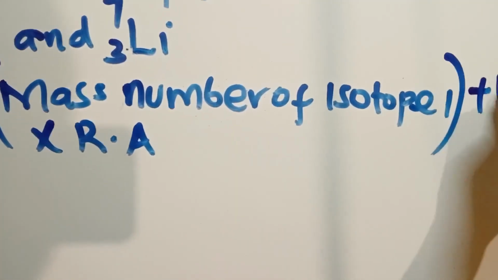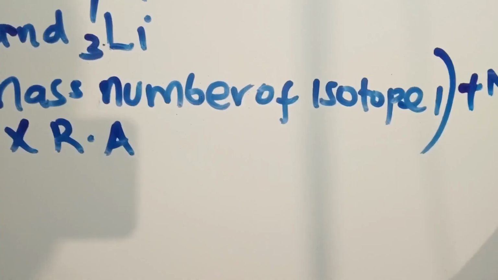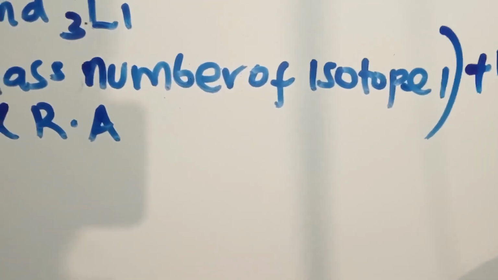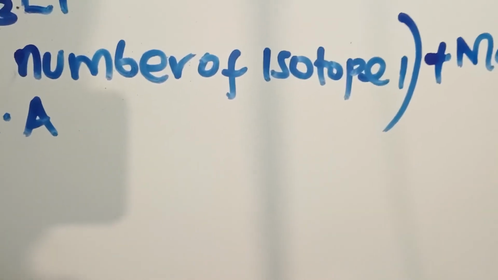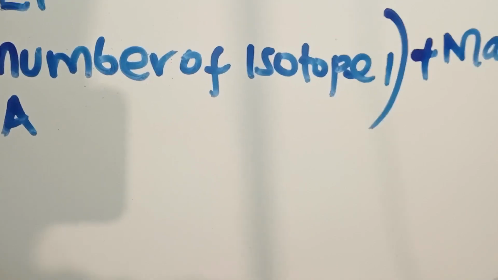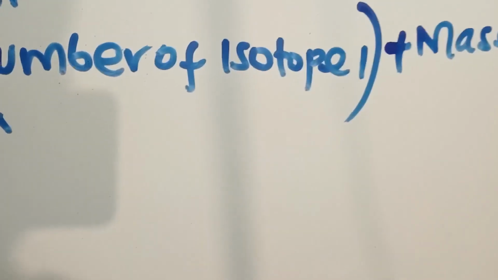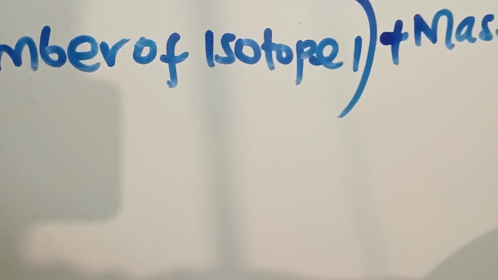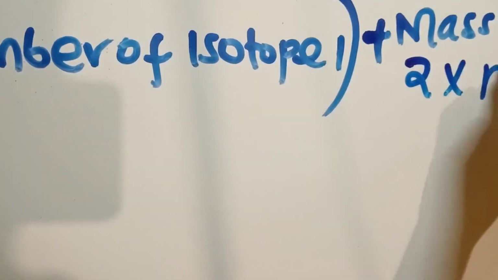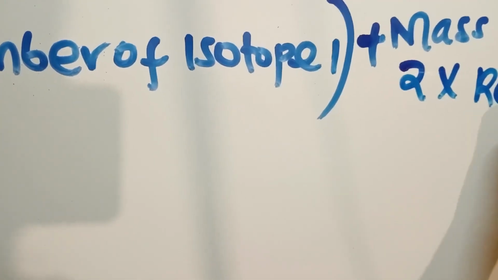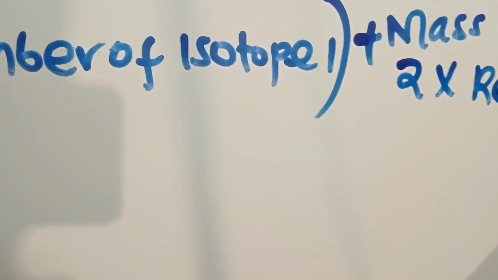Then you add the mass number of isotope 2 multiplied by the relative abundance.